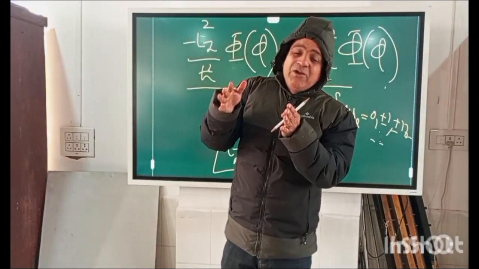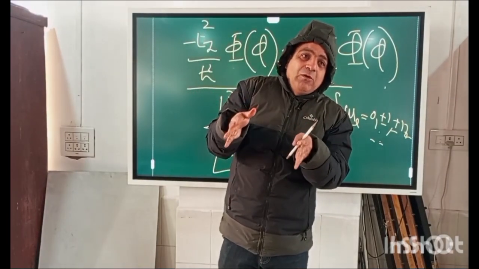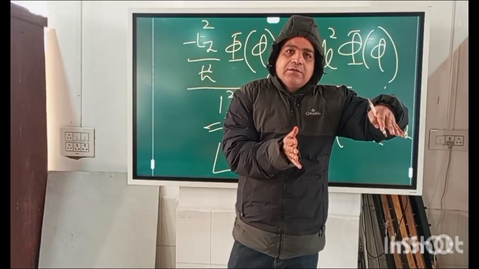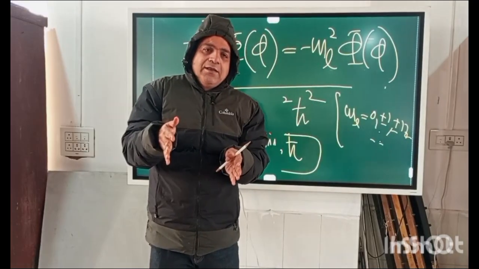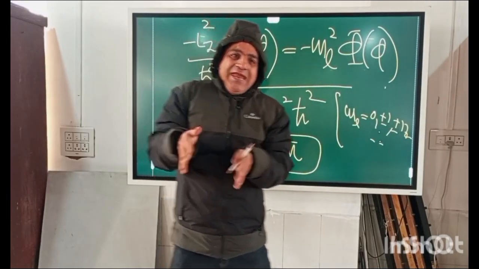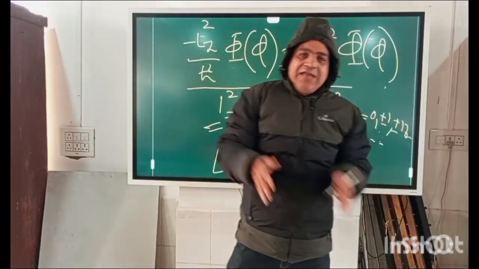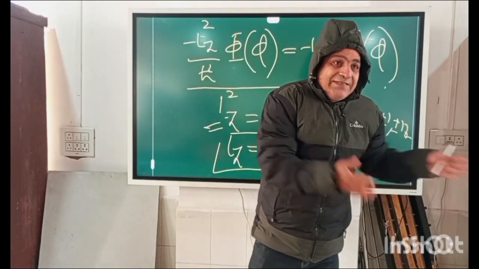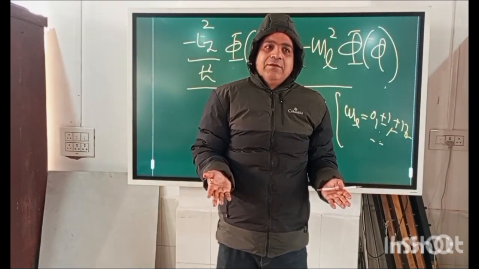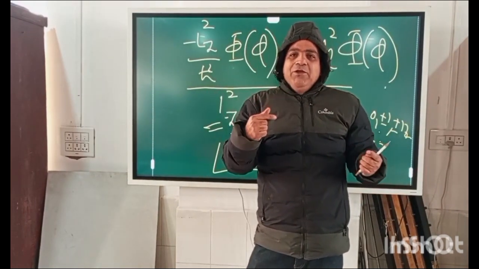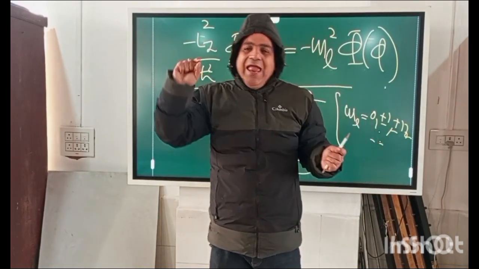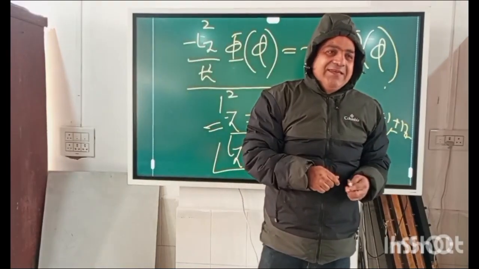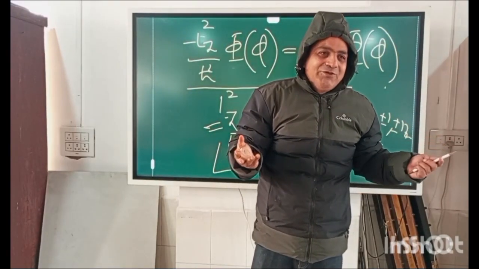Because Schrodinger's equation does not allow me to calculate Lx². It does not allow me to calculate Ly². It allows me to calculate Lz². But that's not the case in classical physics. You have an object, you can calculate its angular momentum along Lx, Ly, and Lz. Well, what could be the answer to that question?